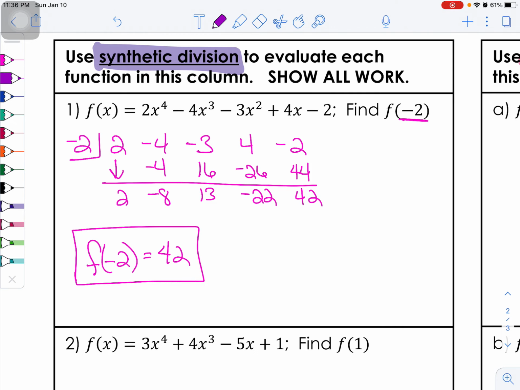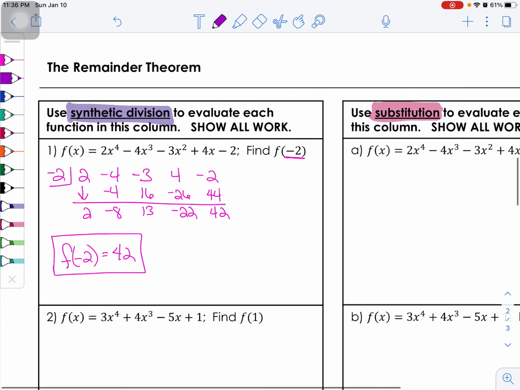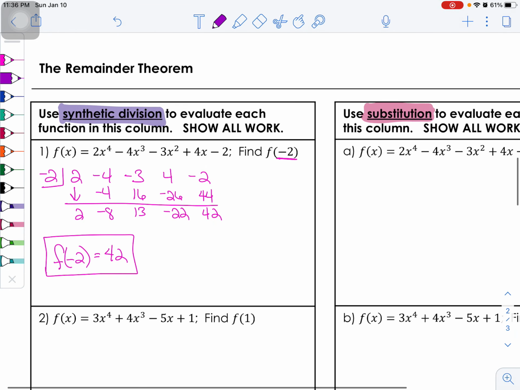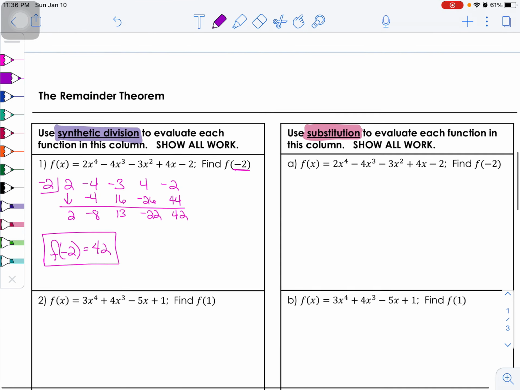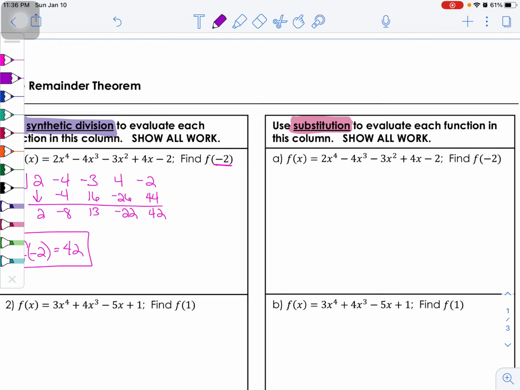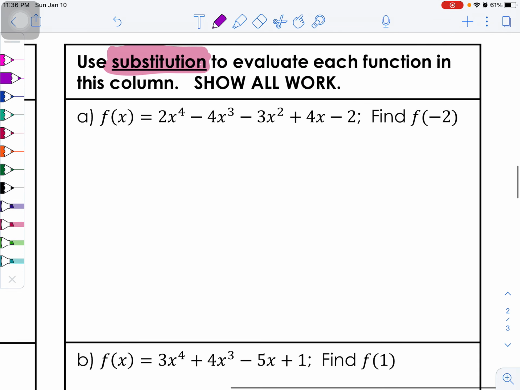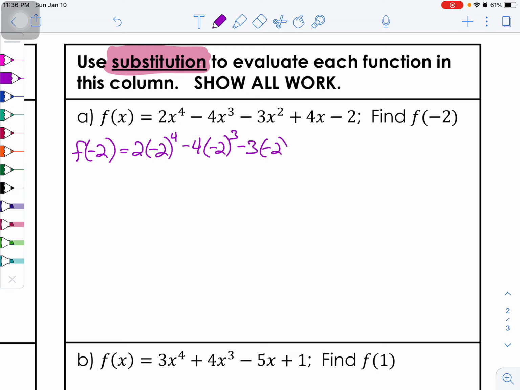Now, I absolutely, in part A, can double check it, okay? So if I look at the problem right next door, whoops, it's the exact same problem, but this time I'm going to do it using substitution. So if I want to find f of -2, every place I have an x gets replaced with a -2.